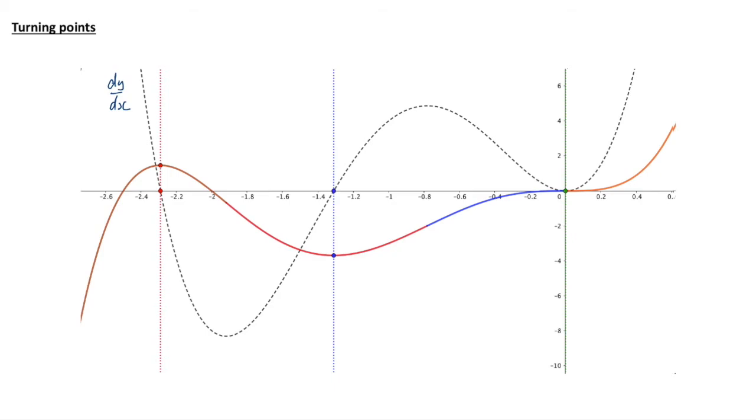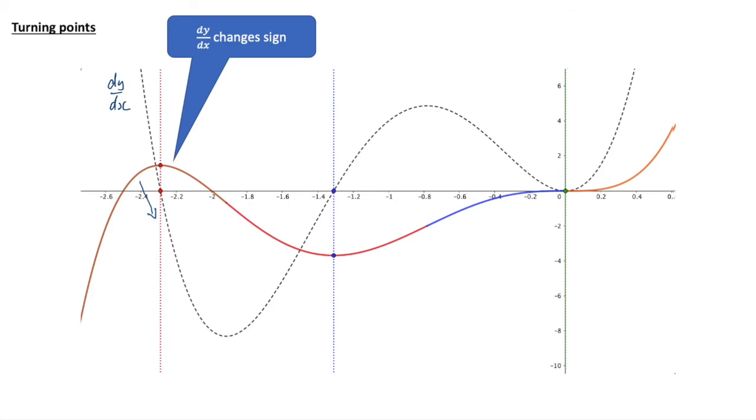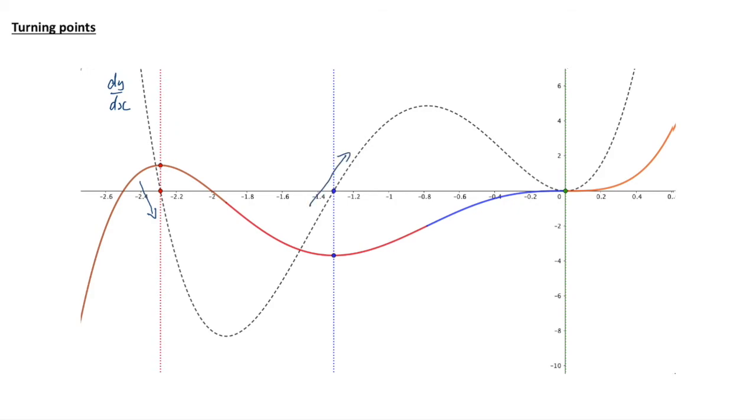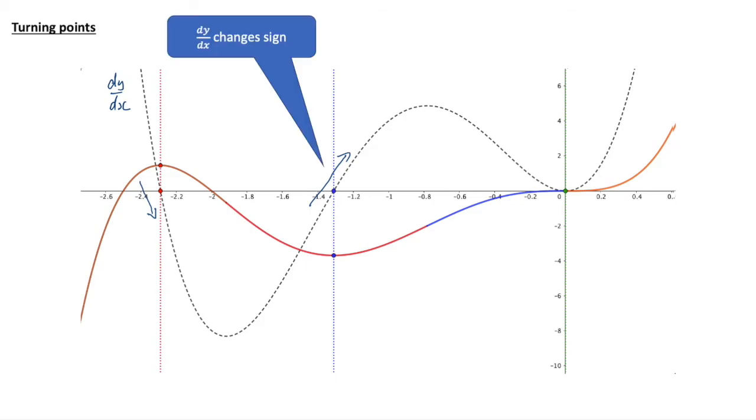The value of dy by dx at each of those points, as you already know, will be 0. Also dy by dx is decreasing when we're at a maximum, so it changes sign, increasing for the minimum, again changing sign.